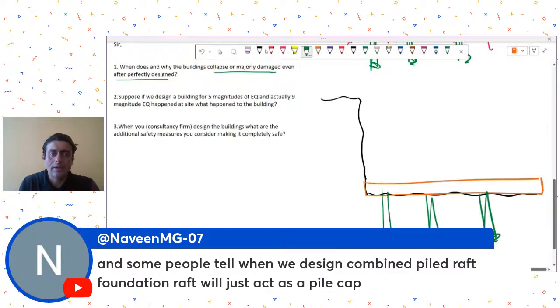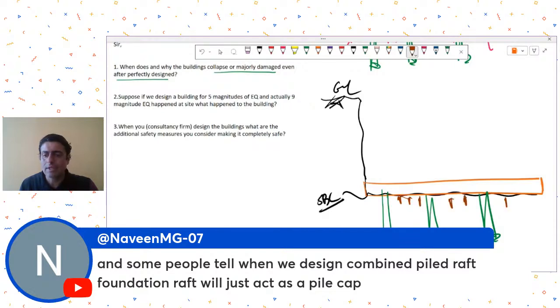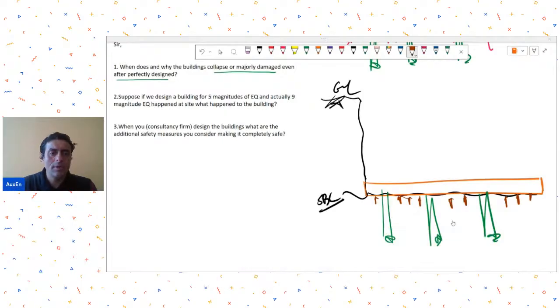Now the SBC of the soil at this level is significant, and that will mean the raft will take significant loads, and the balance your piles can take. So it all depends on your structural configuration.